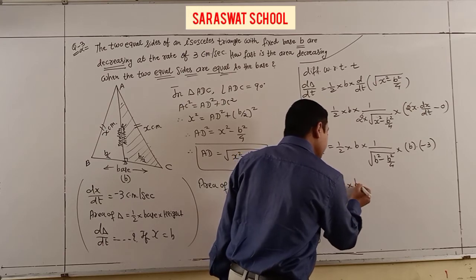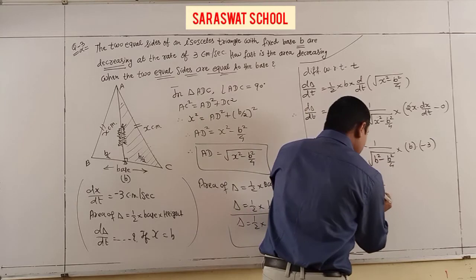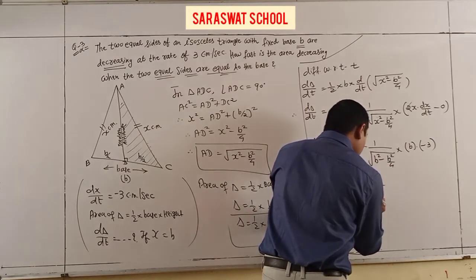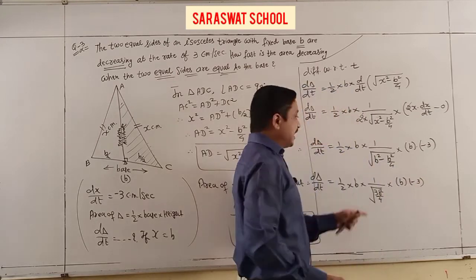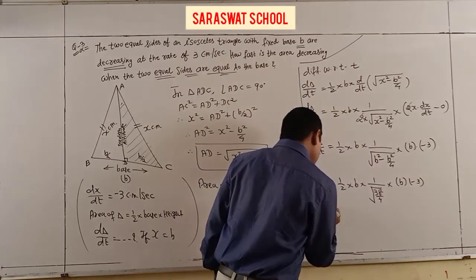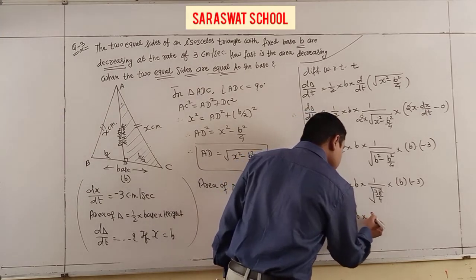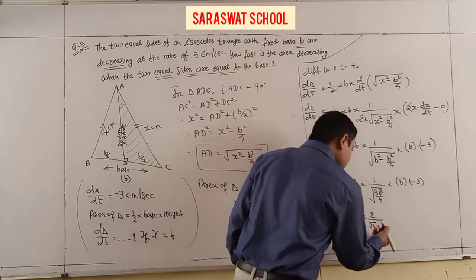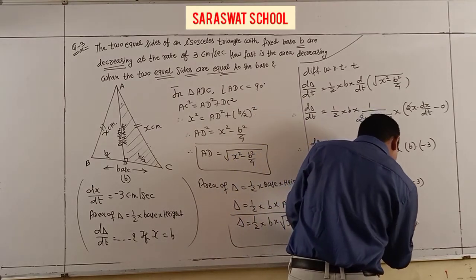Students, half b, here 4 minus 1 is 3, b square by 4, this whole root, and into b minus 3 the same. So indirectly your data is ready, d del by dt, half b, it is 2 by root 3b. Yes, root 3b, and 4 is 2, and here students, b into minus 3.